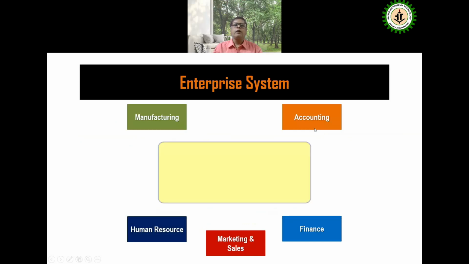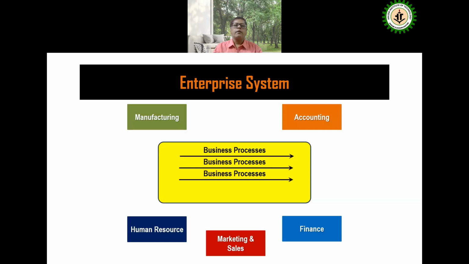So this is the enterprise system which integrates manufacturing, accounting, human resource, marketing and sales, finance. That means the functions which we have seen in the traditional view, these are integrated in a common platform which we refer as enterprise wide business processes or enterprise wide integration.